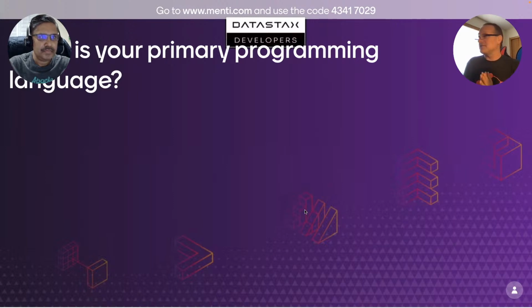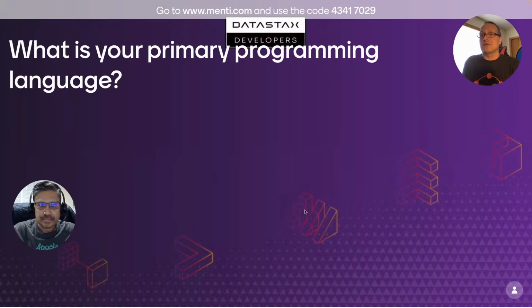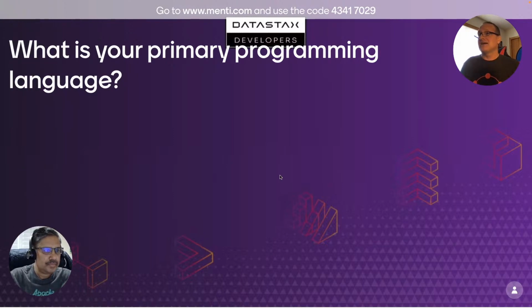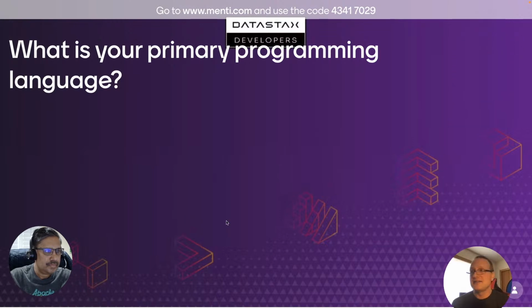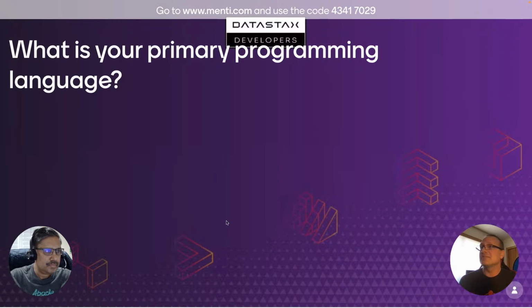So it's helpful for us to know which language you prefer. What's your primary language? So feel free to enter that in. I don't see any coming through yet, though. Oh, I wonder if there's a. It should be like creating a word cloud.